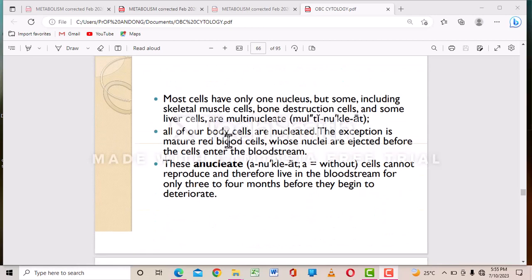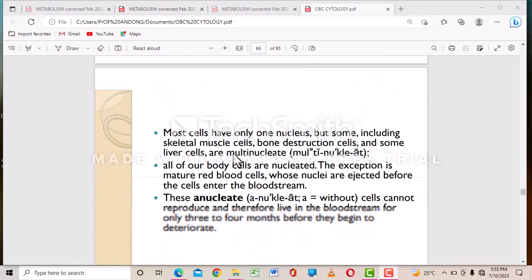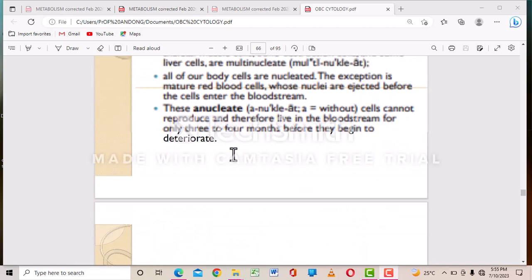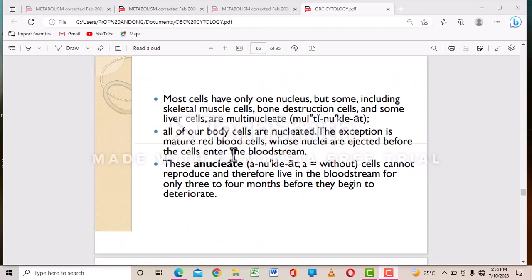Now, it must be noted that not all cells are nucleated. Some cells are anucleated. For example, we have platelets, and mature red blood cells.